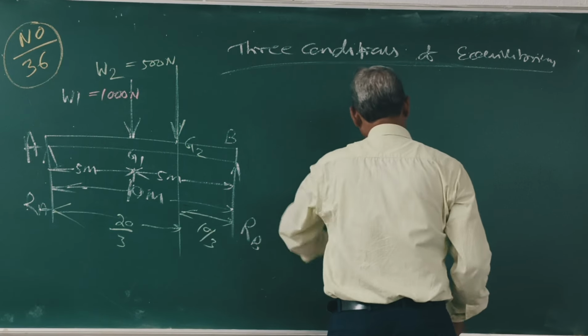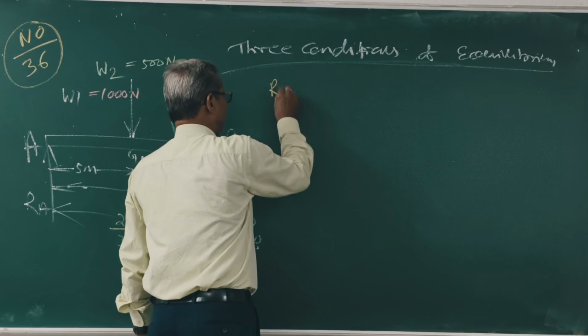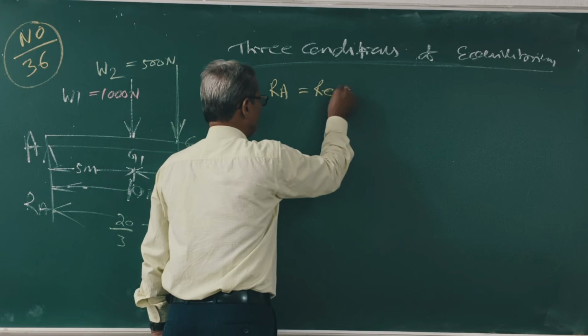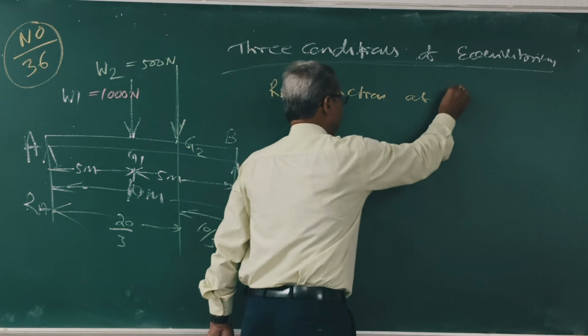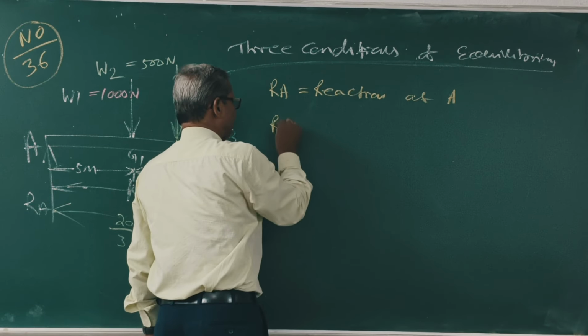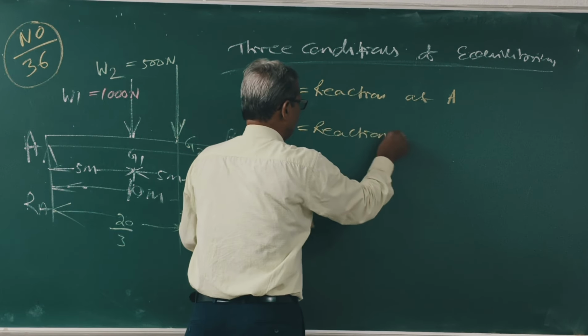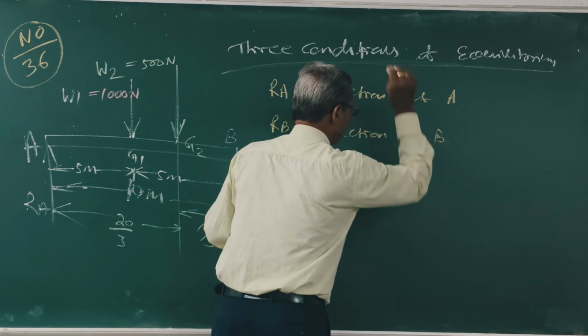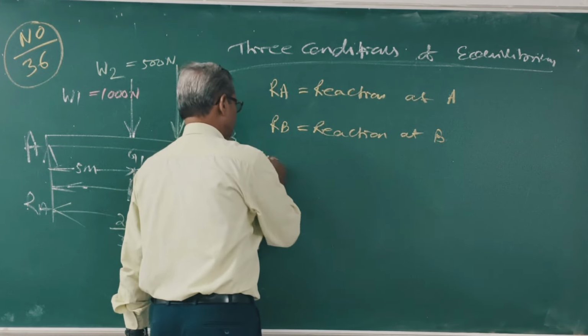Clear? Let RA be the reaction at A. What is RB? Reaction at B. Clear? First, sigma y 0.